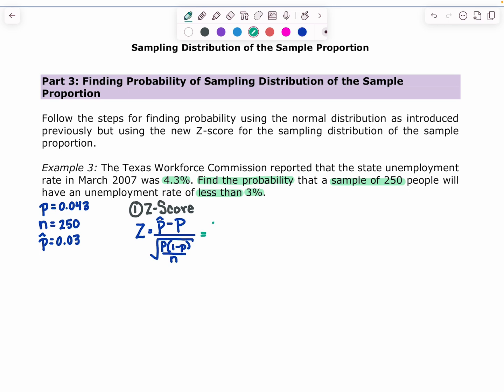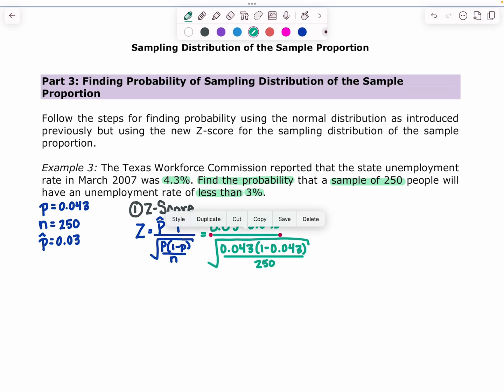So p hat is 0.03 minus 0.043 divided by the square root of 0.043 times 1 minus 0.043 over 250.